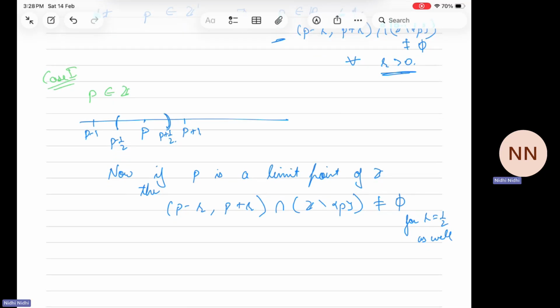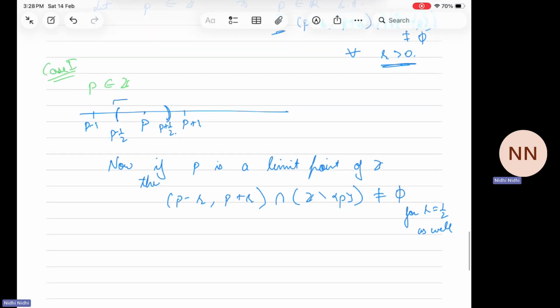So this should happen for R equals 1 by 2 as well. But clearly one can notice that there is no integer in between this interval, because before P it's P minus 1, which is not in this interval. After P, this is P plus 1.